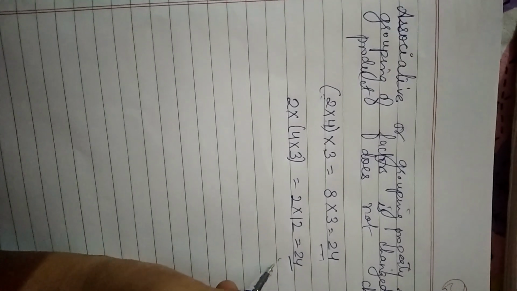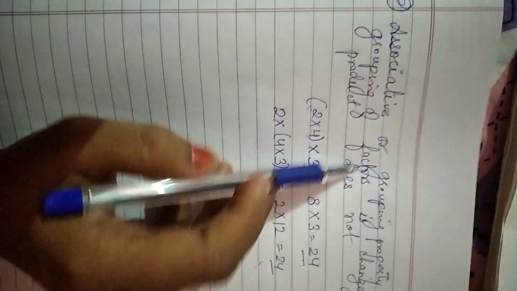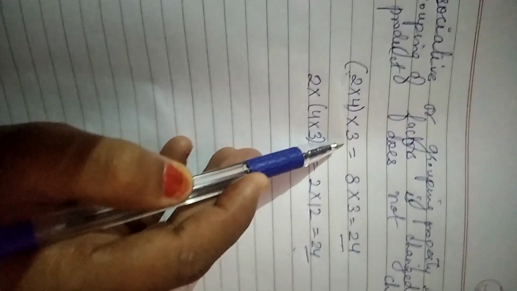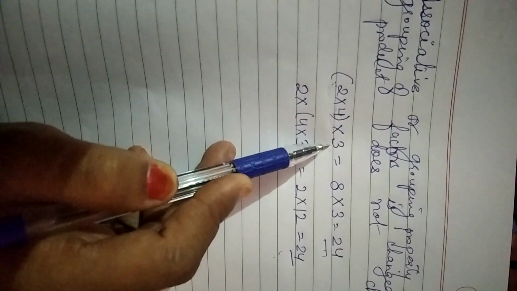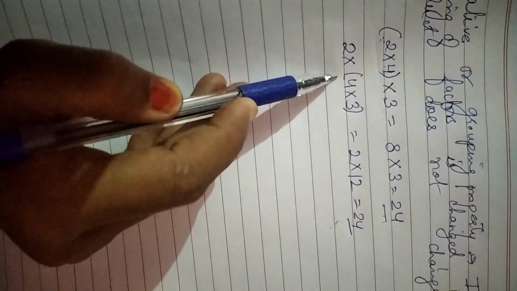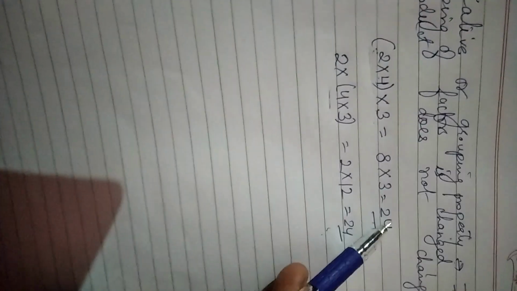So see here, the product we get is the same, that is 24. These 3 are the factors. Here we changed the grouping, but the product is the same. It does not change.